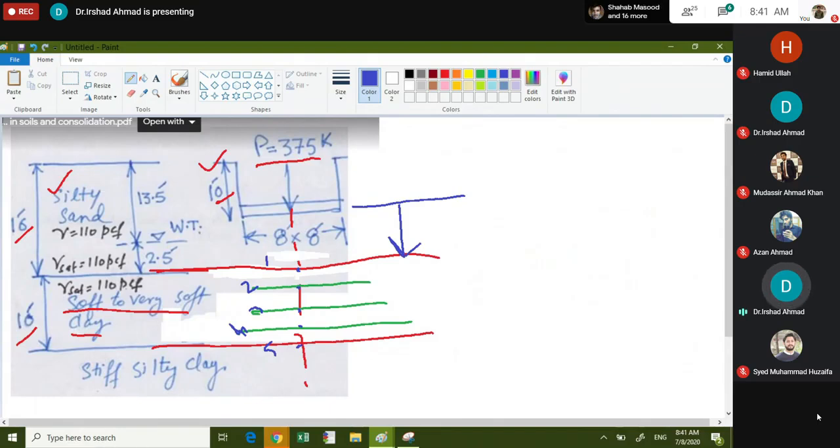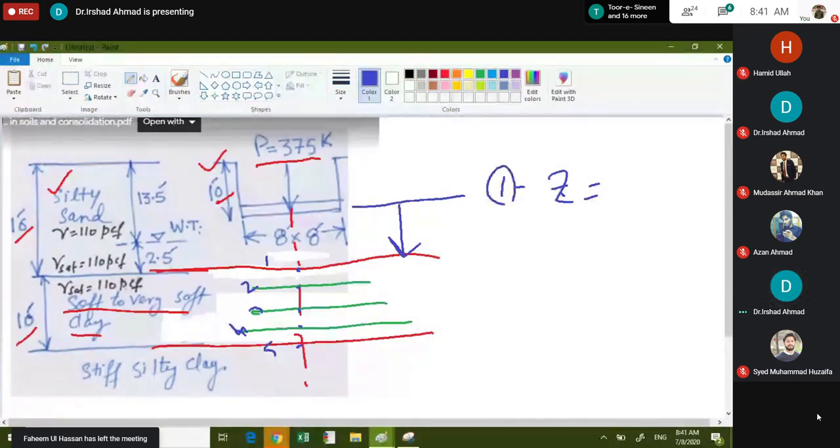For point 1, Z is equal to how much? Can anybody say? 6. Good.